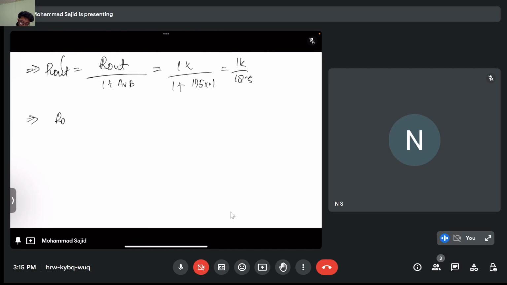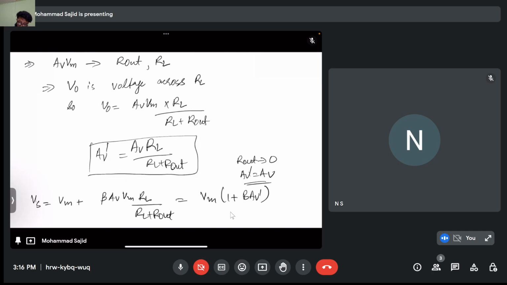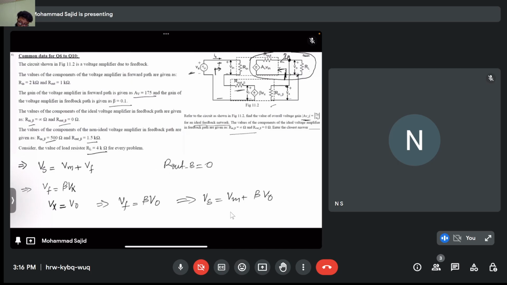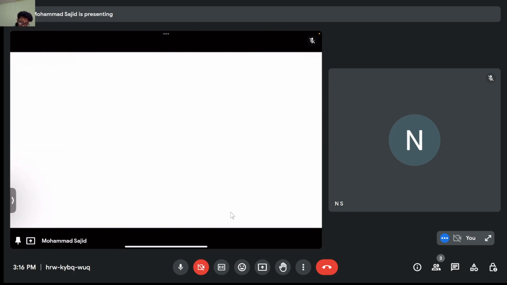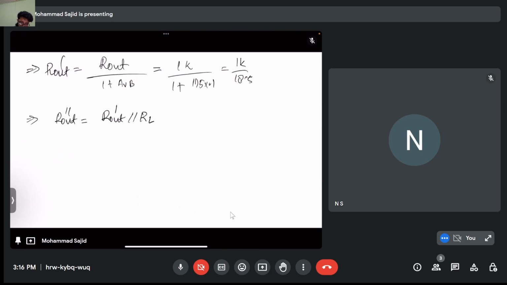So now total R out, that is double dash, will be equivalent to R out dash parallel to RL, right? And RL is 4 kilo ohm. First let's see, R out dash is 1000 divided by 18.5, that is approximately 54.